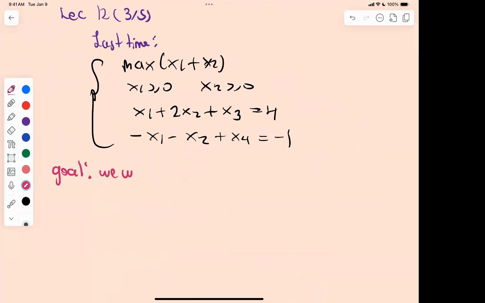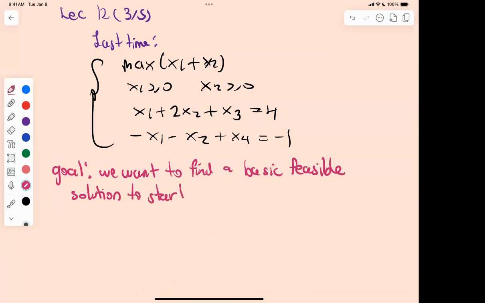We want to find as a basis a basic feasible solution that is used to start the simplex method, without trial and error.